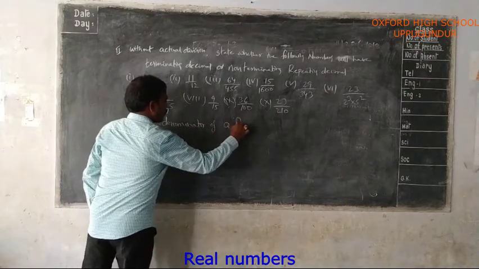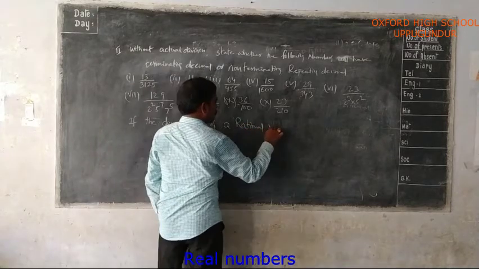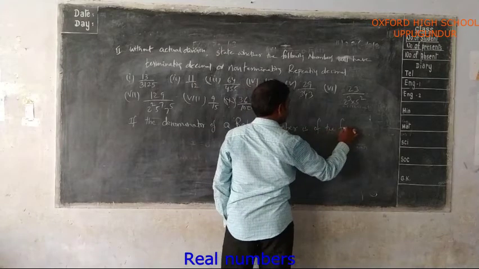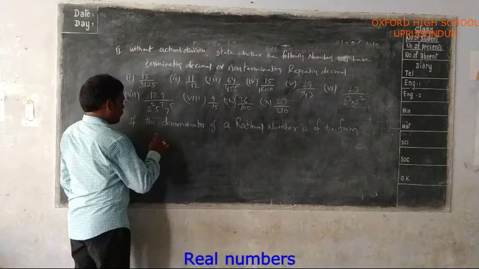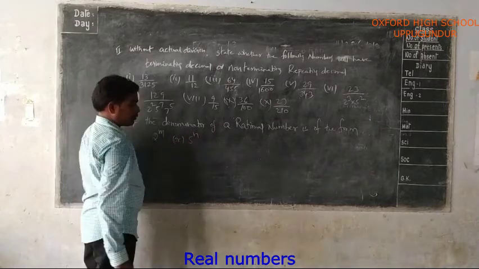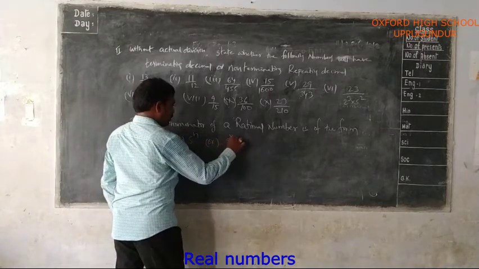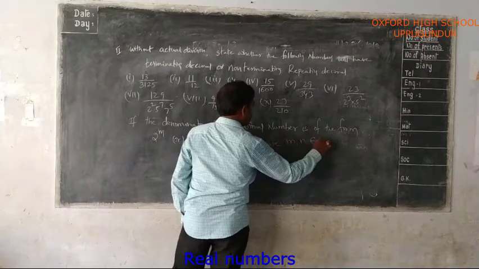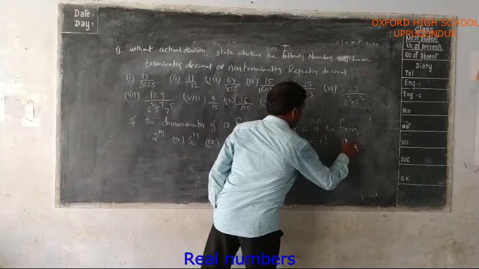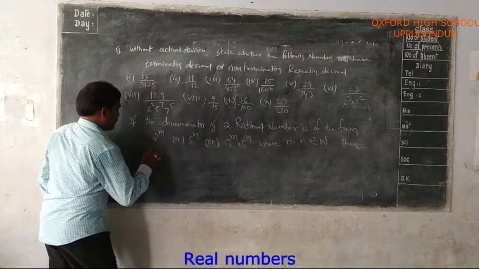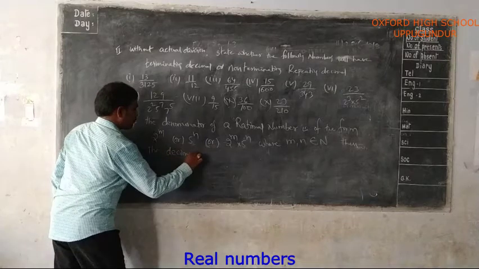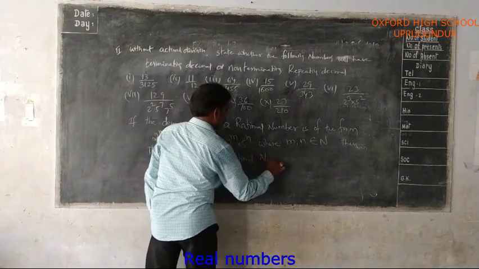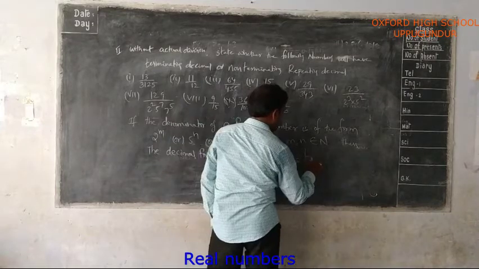If the denominator of a rational number is of the form 2 power m, or 5 power n, or 2 power m into 5 power n, where m, n belong to natural numbers, then the decimal form of the rational number is terminating decimal.